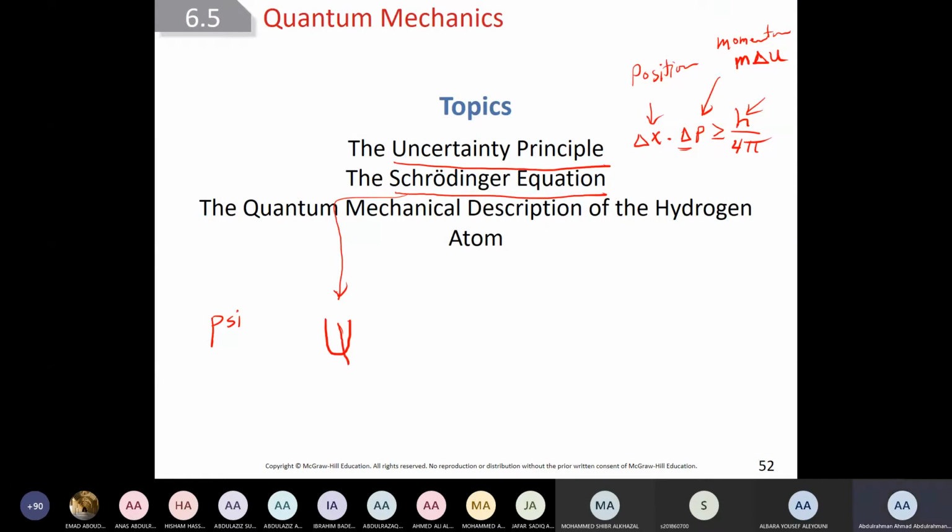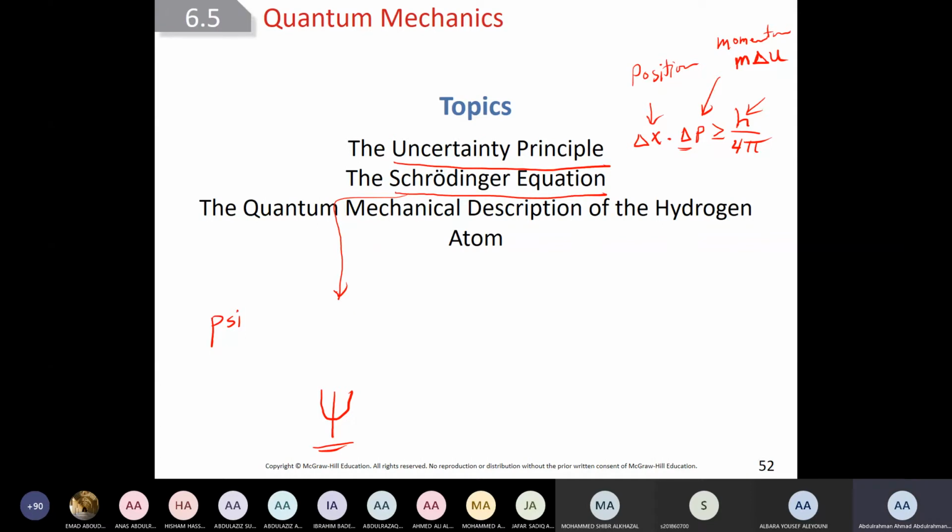It is this symbol. Okay. This represents the electron. Exactly. That's the whole thing. All I want you to know about Schrödinger equation is this thing, psi. That's it. Okay.